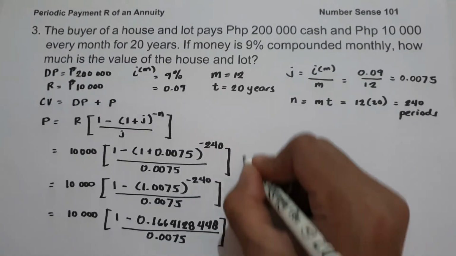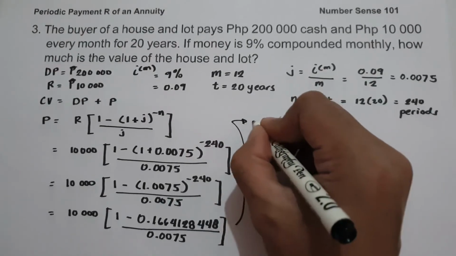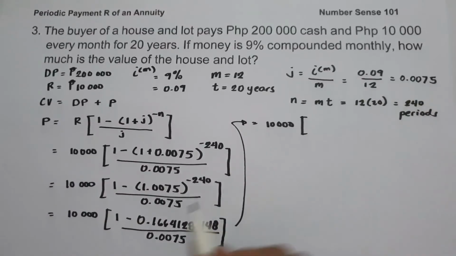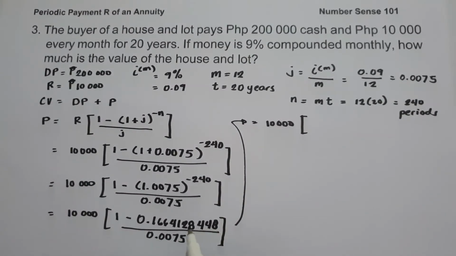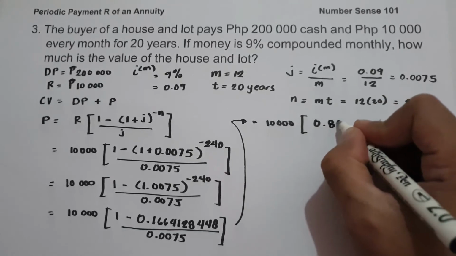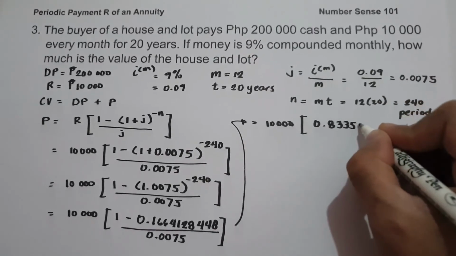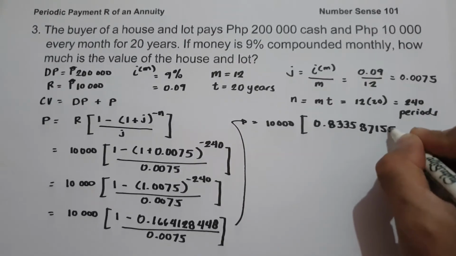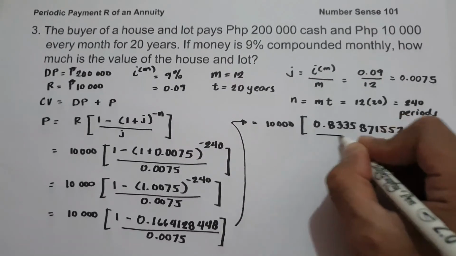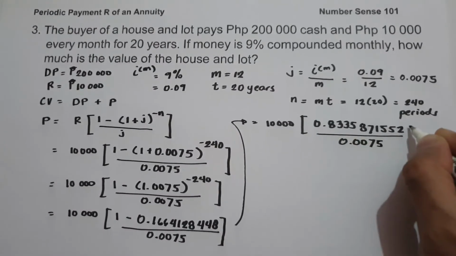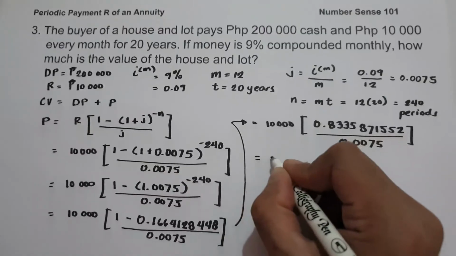And then, let us have 10,000 times quantity 1 minus this number. It will give us 0.8335871552 over 0.0075.